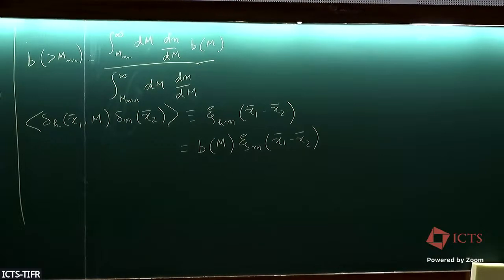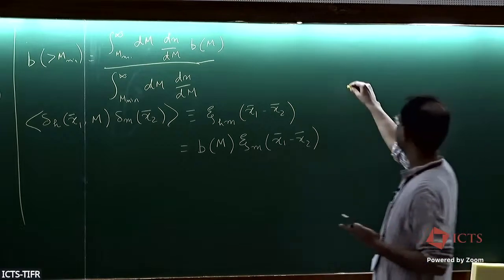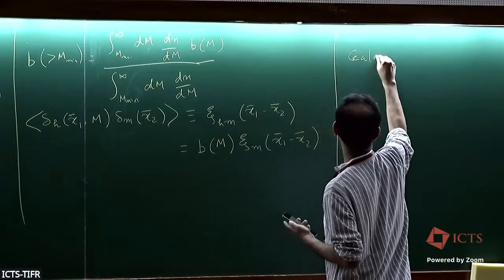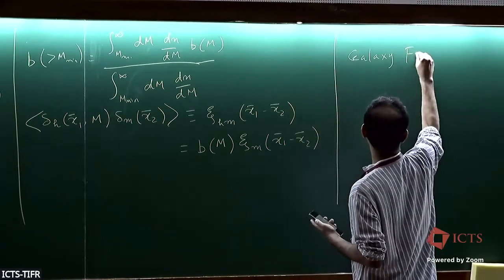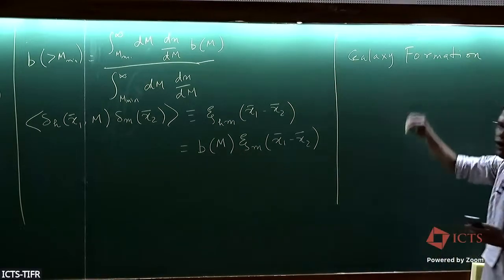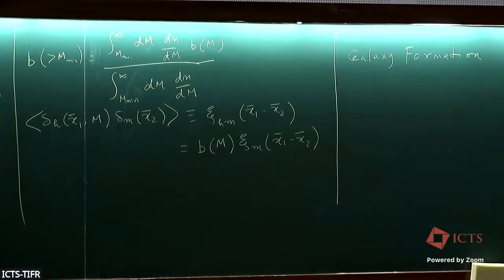And these dark matter halos are not galaxies. Galaxies form inside dark matter halos. So then how does this galaxy formation happen? Now this is an extremely complex and nonlinear problem where you have to track basically gas.